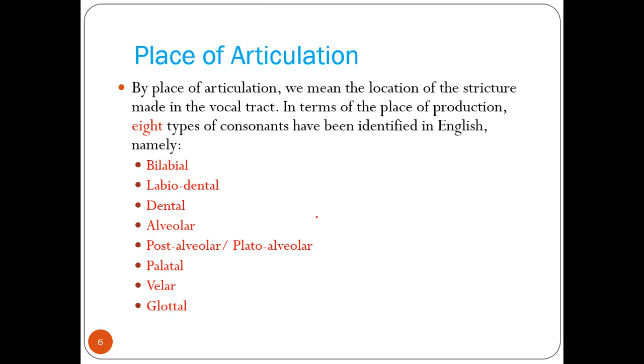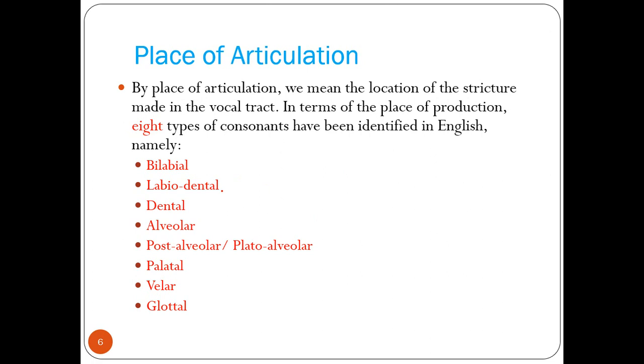We can have bilabial sounds produced with the help of both lips, labiodental sounds produced by the contact of lower lip and upper teeth, and dental sounds produced with the help of tongue and teeth.